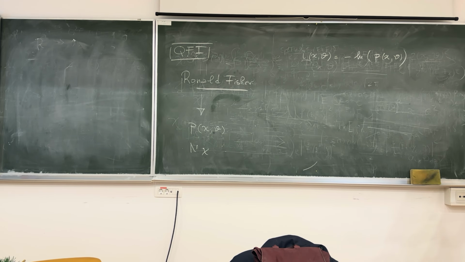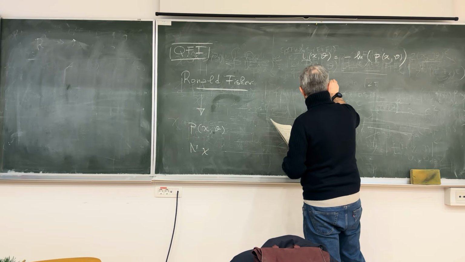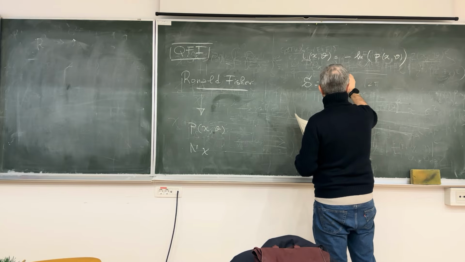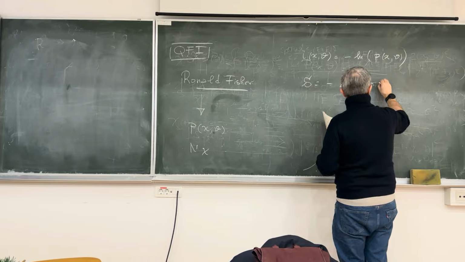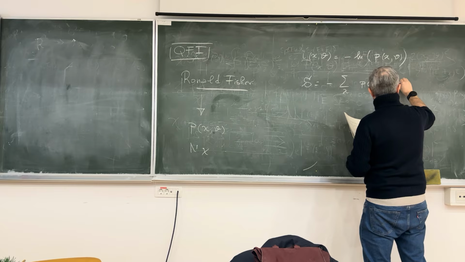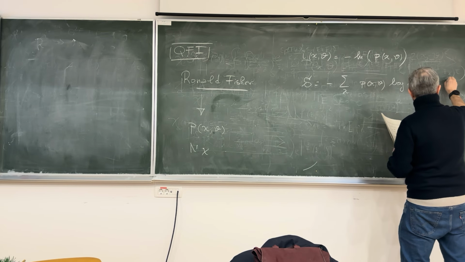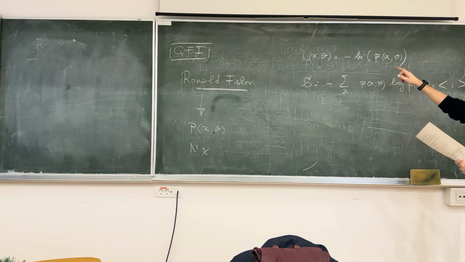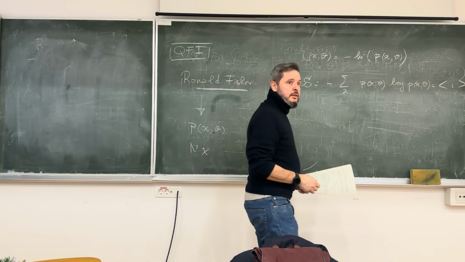I don't know if you're familiar with this, but the entropy of a distribution, which is minus the sum over x, P of x and theta log of P of x and theta, is just the average information. The average information is called the Shannon entropy in the context of information theory.